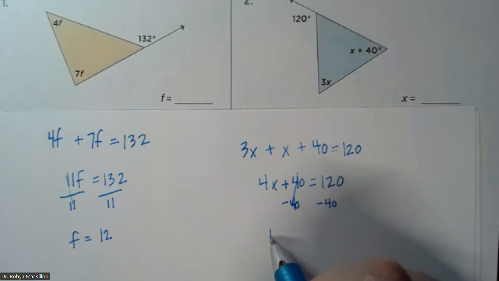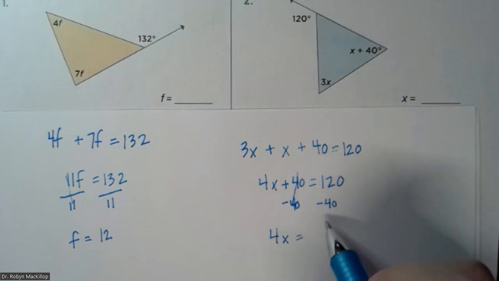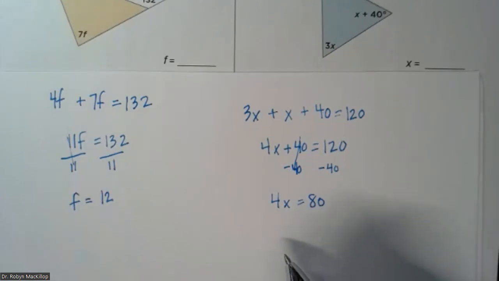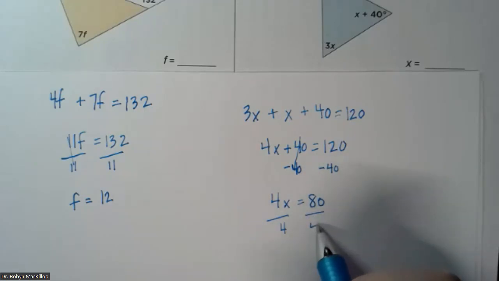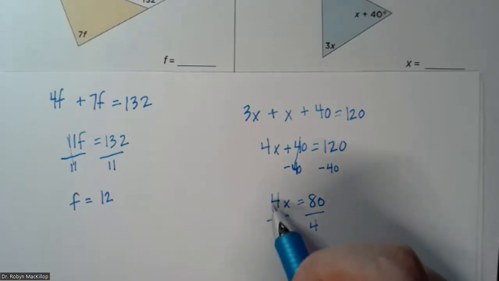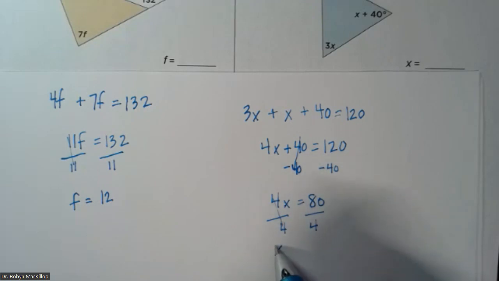That leaves us 4x. 120 minus 40 is 80. And we've got one more step. We need to separate the 4 and the x. You got it. Good job. That means the 4s are gone, leaves us x. x is 20.